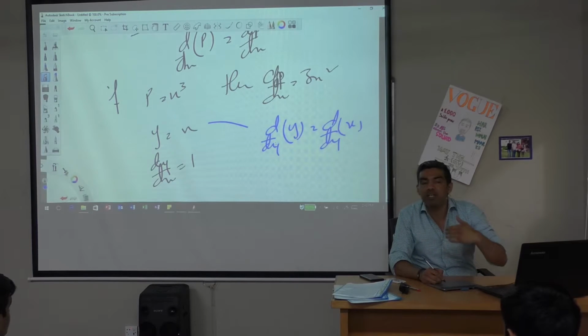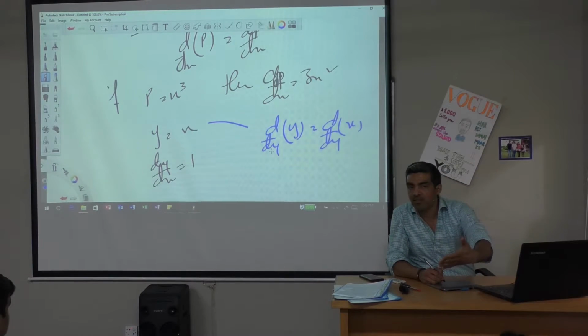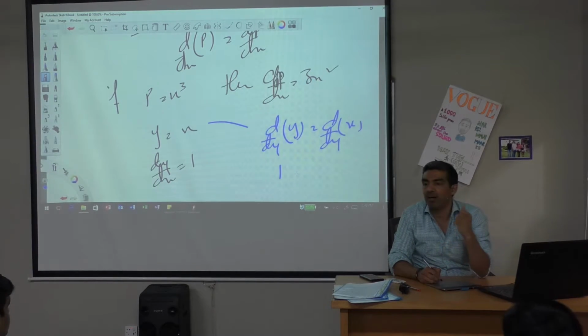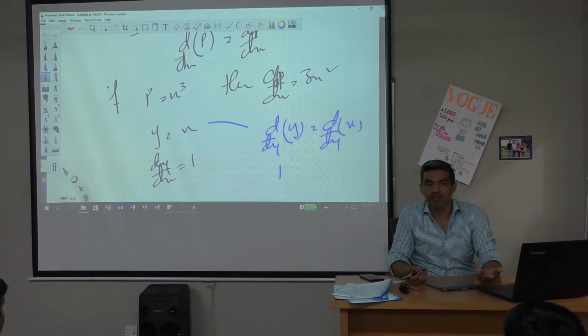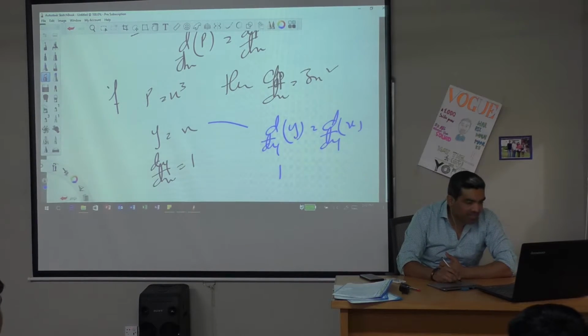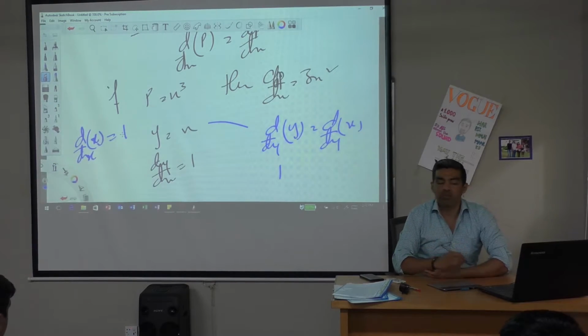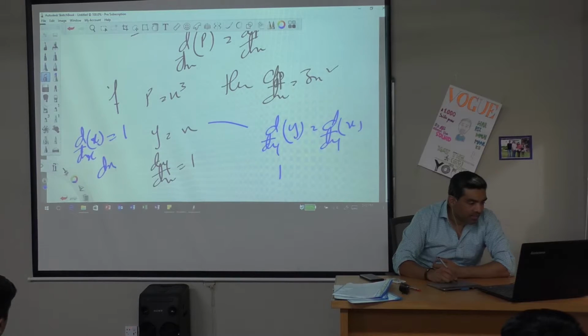So d by dy of y would be a 1, because the variable is the same. The differential of y with respect to y is a 1, just like the differential of x with respect to x is a 1, because this is basically dx by dx, which is a 1.